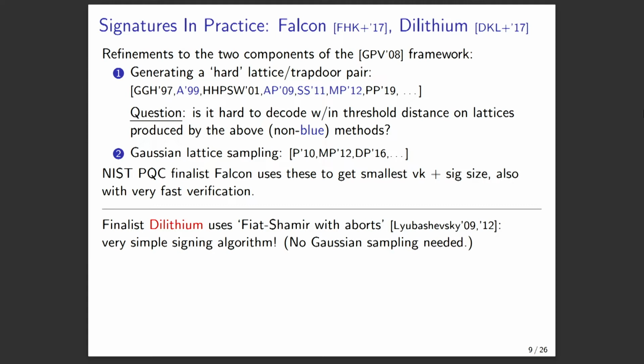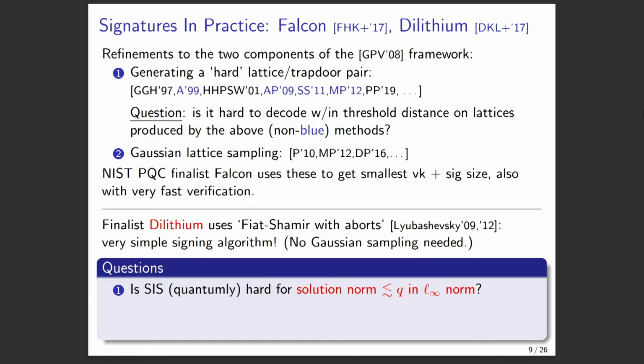It does so in a very different way using kind of post-selection or rejection sampling. And that makes the signing algorithm extremely simple. You don't need to do any fancy Gaussian sampling or anything like that. So that's a really nice advantage of it. But the keys and signatures are bigger. The public keys are bigger. The signatures are bigger. And it's also kind of relying on a little more non-standard hardness assumptions.